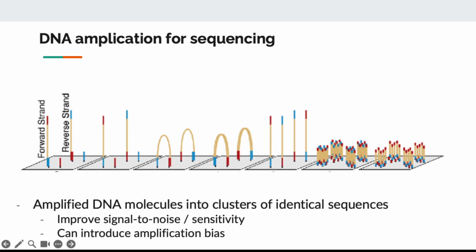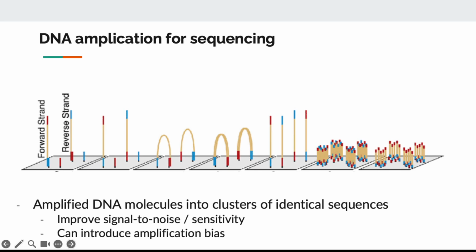And to imagine how DNA molecules that we extract from the cells or from the sample are amplified in a DNA sequencer, this is a diagram from Illumina technology. We start with single molecules of DNA. Each DNA, we only have one molecule from the start.